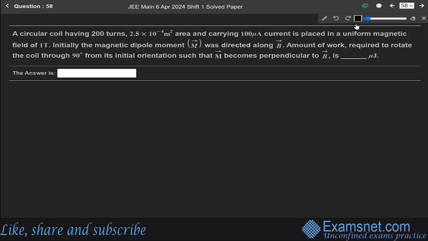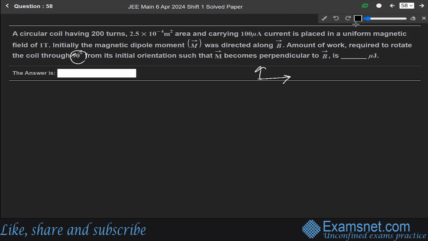Now next question. A circular coil having 200 turns, 2.5 into 10 to the power minus 4 meter square area and carrying 100 microampere current is placed in a uniform magnetic field of 1 Tesla. Initially, the magnetic dipole moment M was directed along B. The amount of work required to rotate the coil 90 degrees from the initial orientation such that M becomes perpendicular to B is?